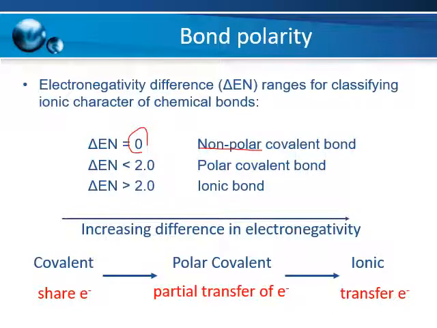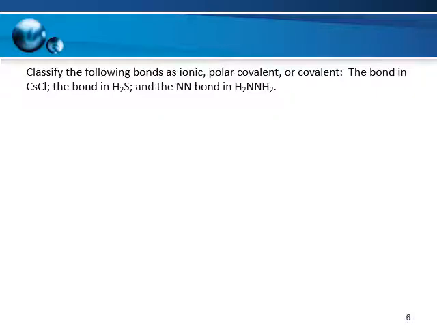If the electronegativity difference is less than 2, that will be polar. So less than 2 is polar covalent. And if we have more than 2, they will become more ionic, meaning electron transfer. Polar is partial electron transfer only. Covalent is where they share their electrons. So classify the following as ionic, polar, or covalent bond in this manner.